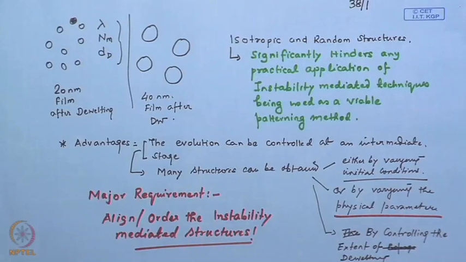This is the key requirement, and therefore, in the recent past significant research is going on in these directions to work out strategies which can be used to align these structures, both with simple polymers like polystyrene, polymethyl methacrylate, which are good model systems, as well as for functional polymers. So, we will discuss some of these approaches and pick up some examples to give you an idea how it works.